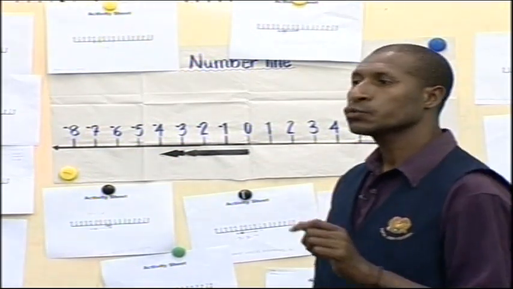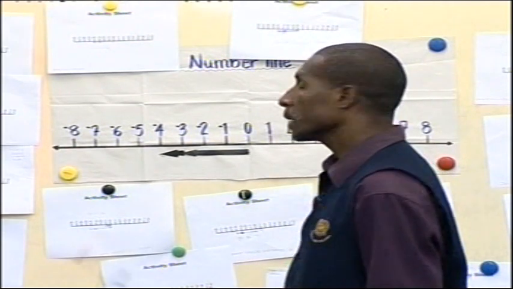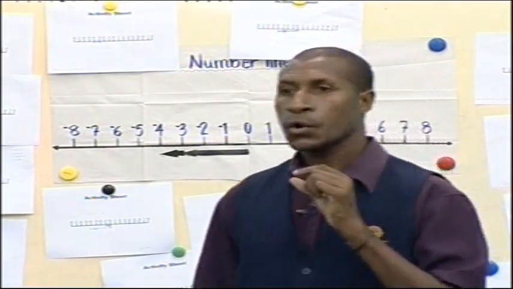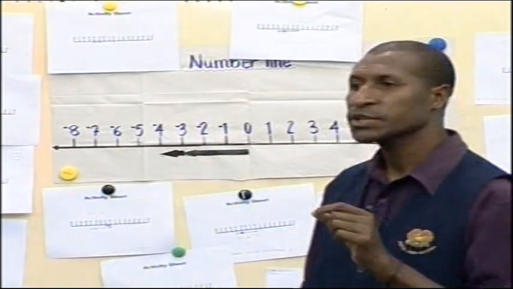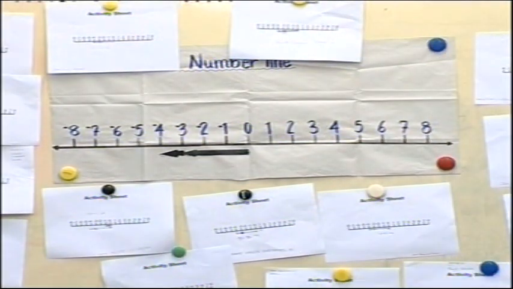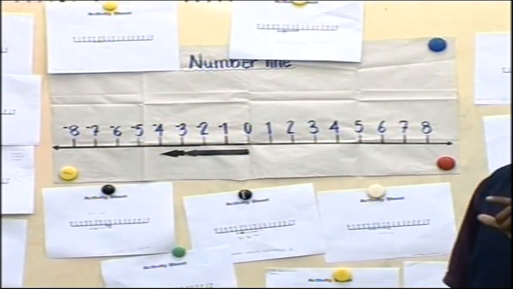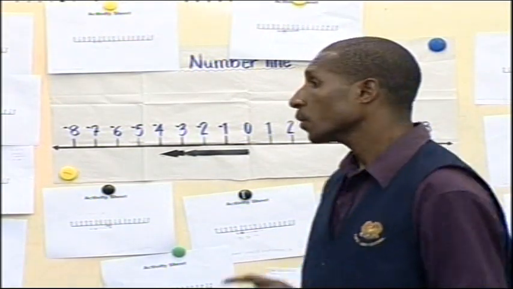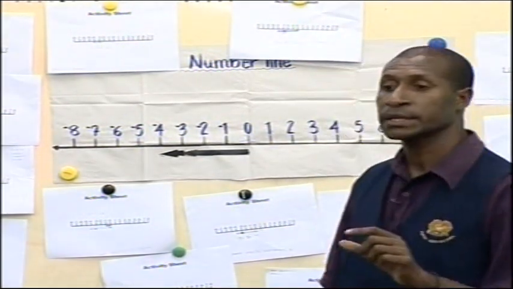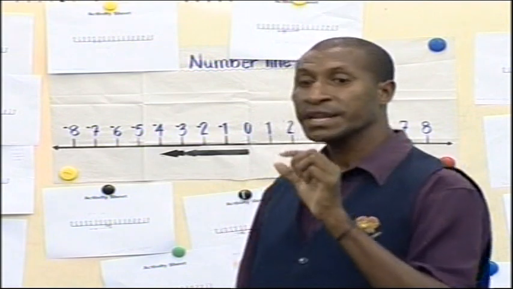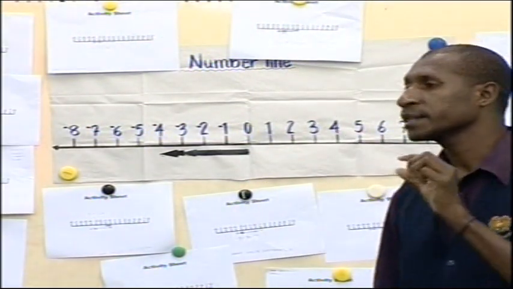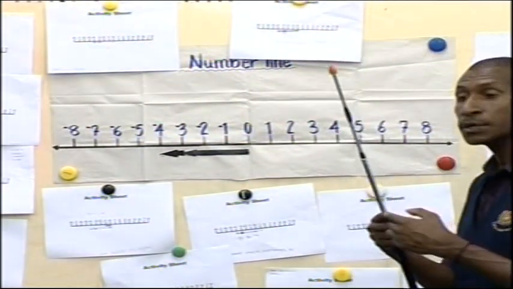So when you want to add positive and negative integers using the number line, the method is head to tail: head and tail must be connected together.